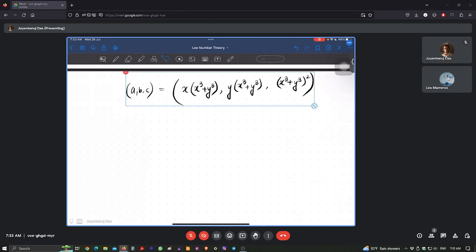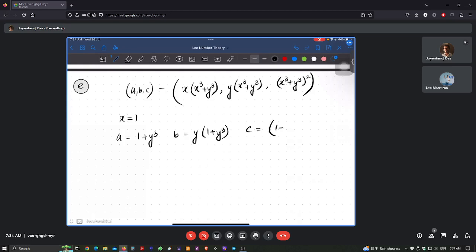here we have freedom to choose x and y. To reduce the number of variables, if I take x equals 1, then a equals 1 plus y cube, b equals y into 1 plus y cube, and c equals 1 plus y cube whole square. Now, if I want to make a strictly greater than 10,000, what should I choose y?